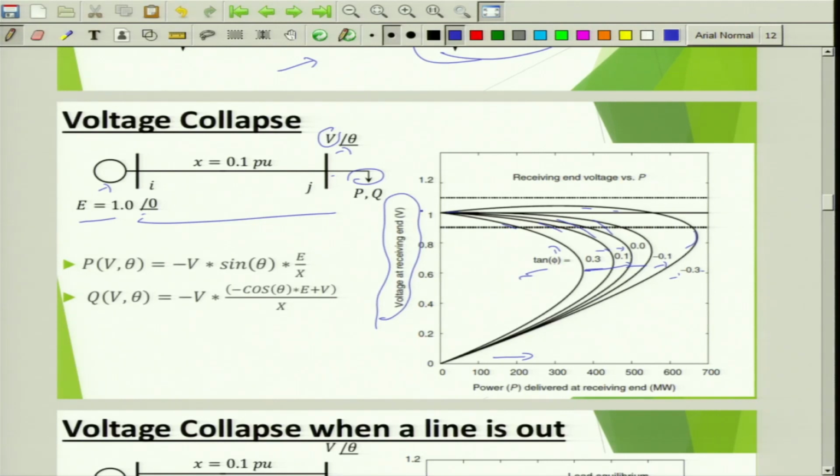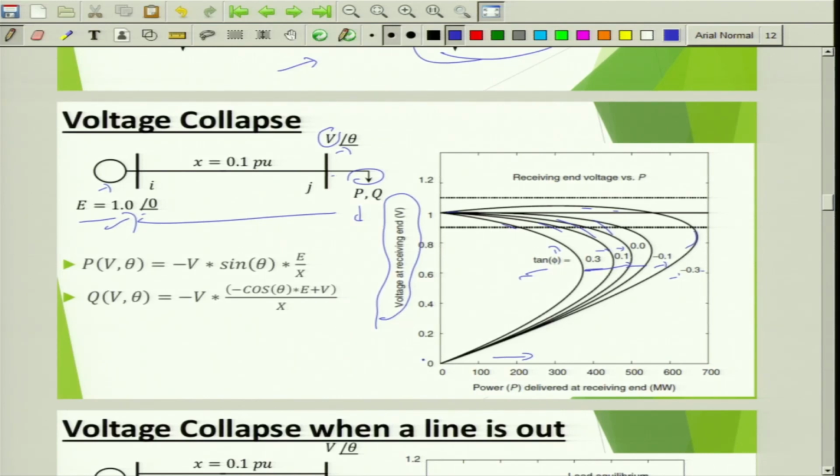Because the sending end voltage is fixed, if you keep on increasing the active power component, there will be line drops. IR drop will be there because the current magnitude is increasing. IR and IX drops will be there, because of which eventually you will get a collapse in the voltage.